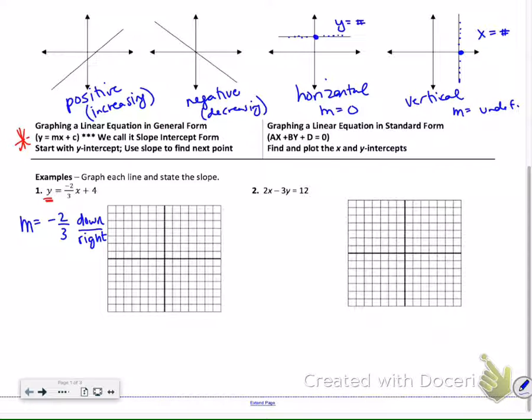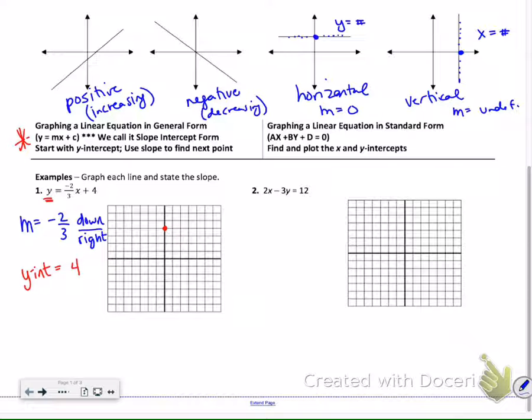It's just one or the other. Then my c value or my y-intercept is 4. So I'm going to start on the y-axis at 4. Now, if you can't remember if it's a y-axis or an x-axis, think about, if I plug 0 in for x, I get 4 for y. So that's a point on my graph.